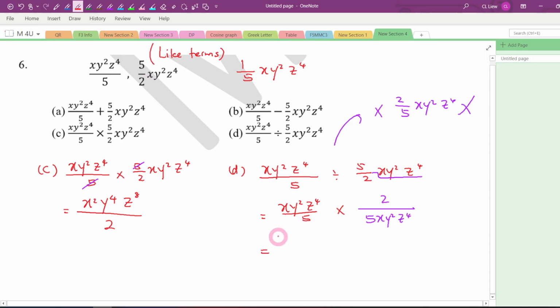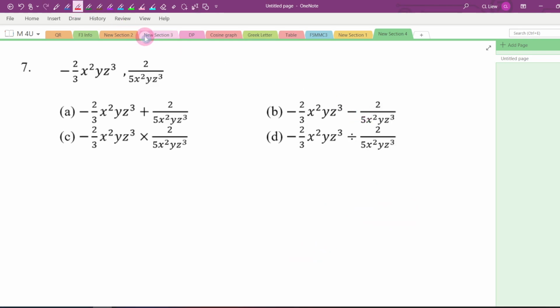Now 2, here is just 1, so 2 times 1 is, sorry, 2 times 1 is equal to 2. 5 times 5 you get 25. Now this is x, simplify them. This is x squared. This is z power 4. So the answer is 2 over 25.